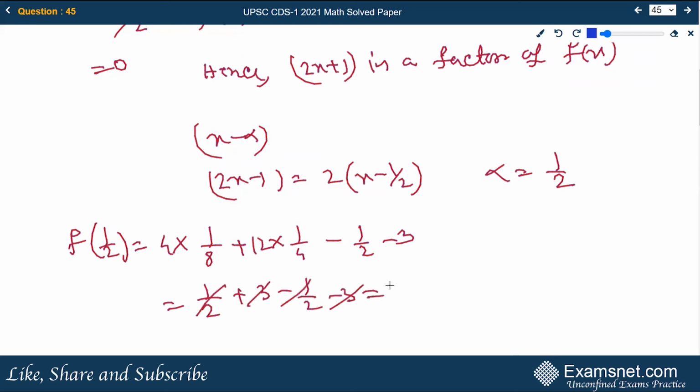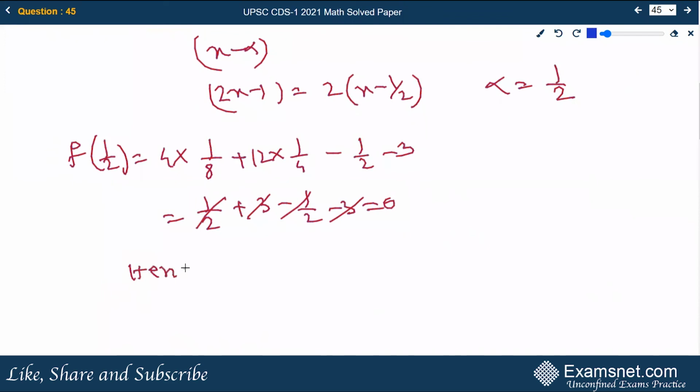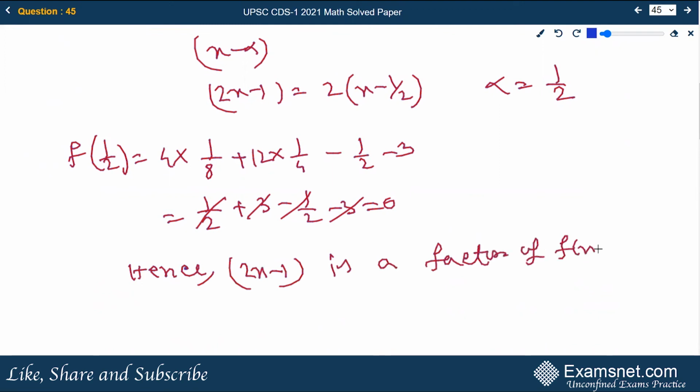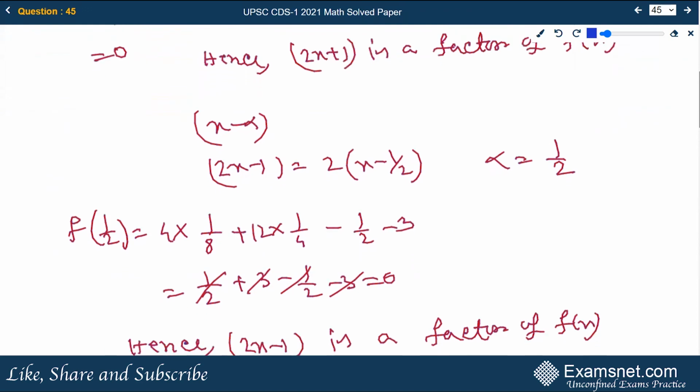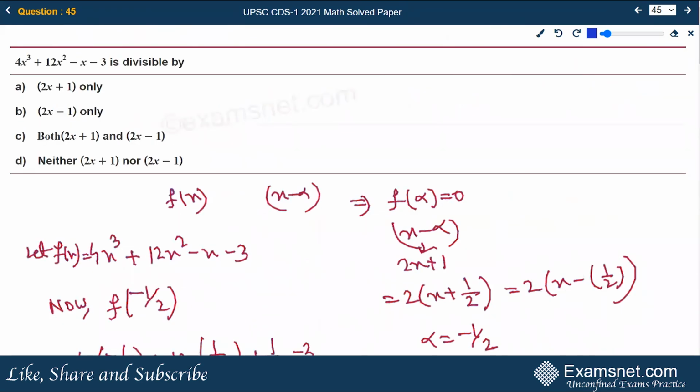Again, I can say we are getting value 0. So hence, by factor theorem, 2x minus 1 is a factor of f of x also. So I can see 2x minus 1 and 2x plus 1, both are factors of this given polynomial. So this is divisible by both 2x plus 1 and 2x minus 1. Option C is the correct answer here.